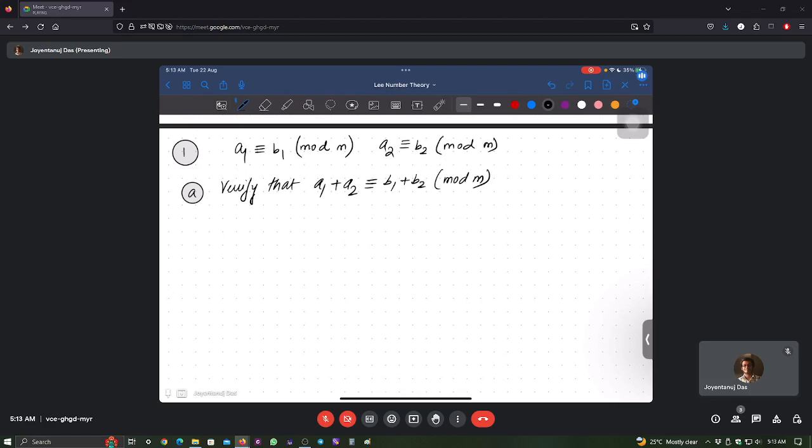So the thing is, A1 is congruent to B1 modulo M. What does it say? By the definition of congruence, what is the definition?